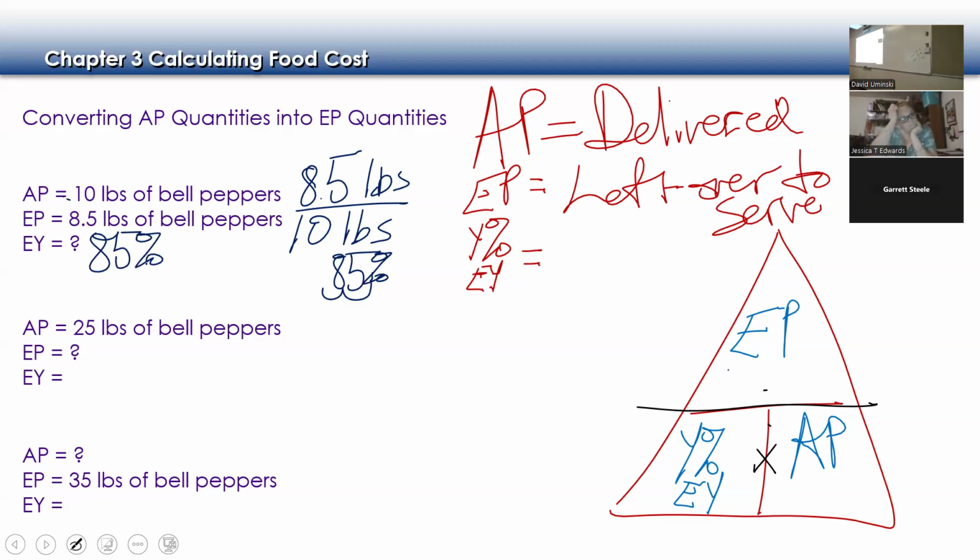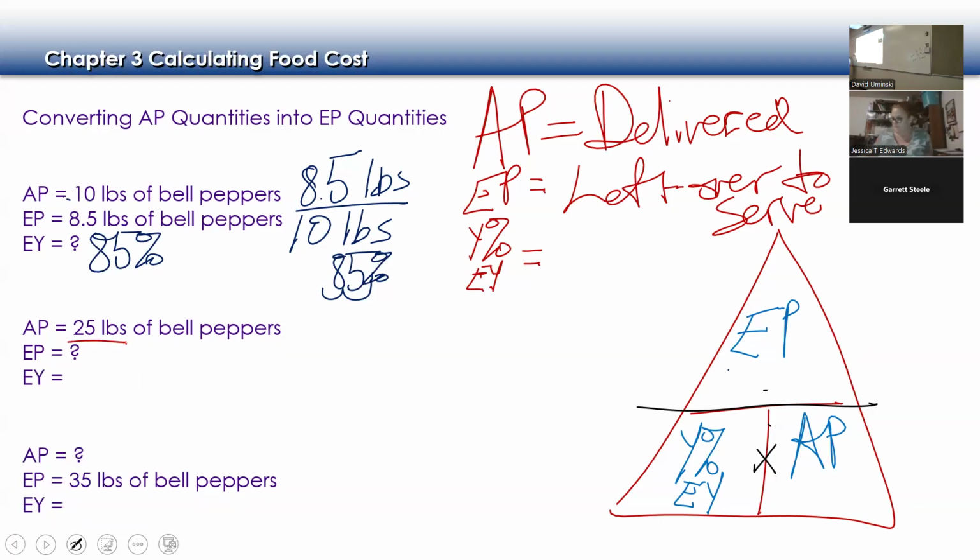So my edible yield is 85% for these bell peppers. Questions on how we got that? All right, so move on to our next question.